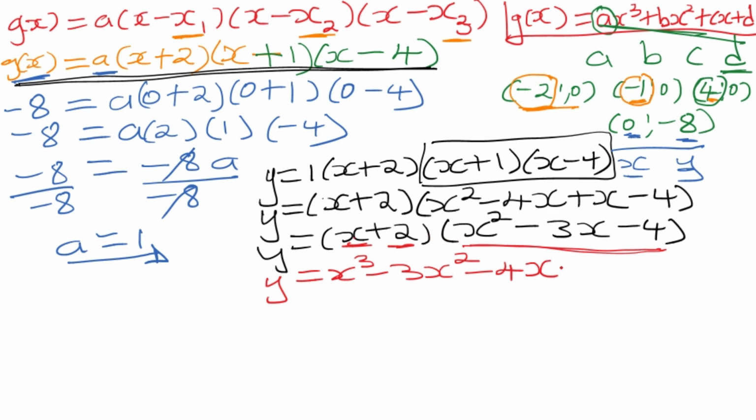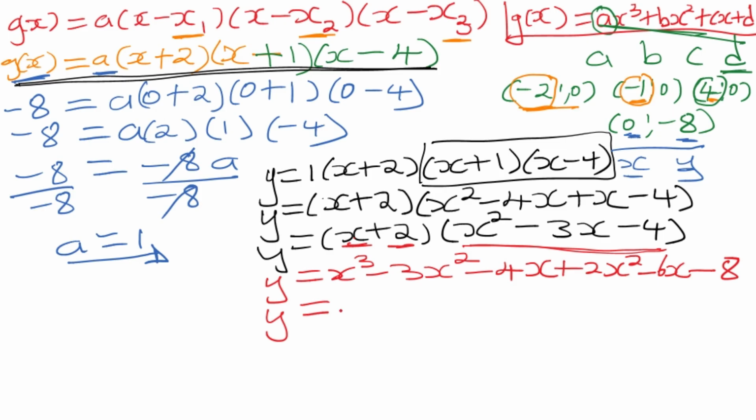Now 2 multiplied by x squared gives me 2x squared. 2 multiplied by -3x gives me -6x. 2 multiplied by -4 gives me -8.